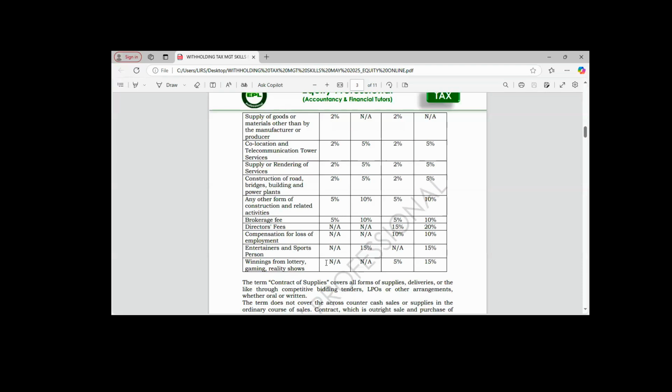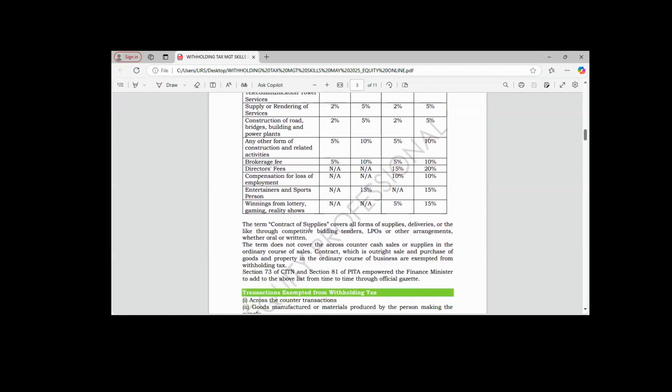So you can see that this one is related only to the non-resident. For non-resident company, 15%, and for resident individual, 15%. Then winnings from lottery, gaming, reality show, that is related to individuals, 5% for resident and 15% for non-resident. So those are the transactions.